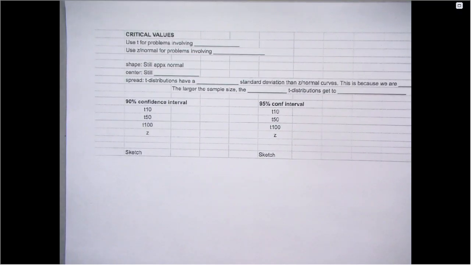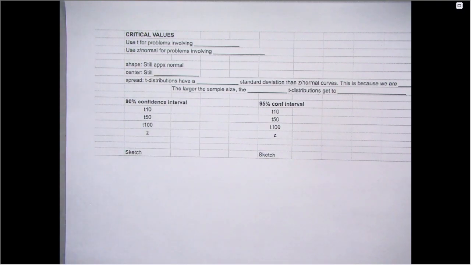Okay, so we're switching. We're gonna do the same concepts that we did the last 2 weeks, as far as tests and intervals, 1 sample, 2 sample. But we're gonna do everything with means now, means or averages, where before it was always proportions.